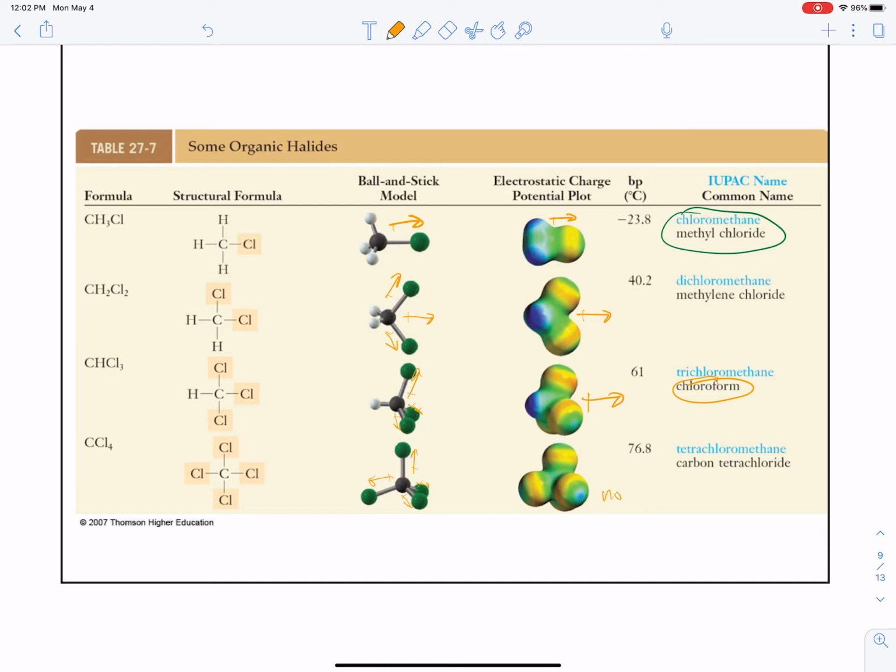So there is no dipole. None whatsoever. So that becomes kind of interesting. All these things for these different chlorinated deals. Remember, these are called halides. So halides means fluorine and chlorine and bromine and iodine, or iodine, as we say in the U.S.